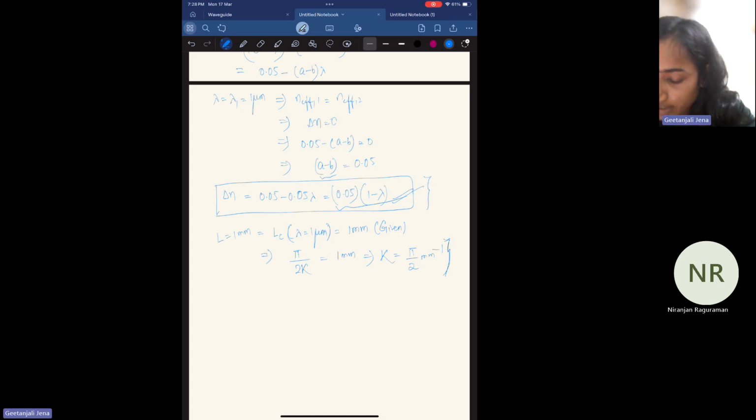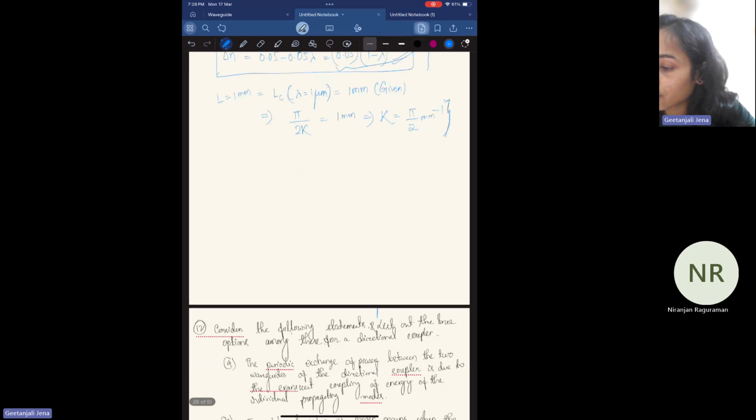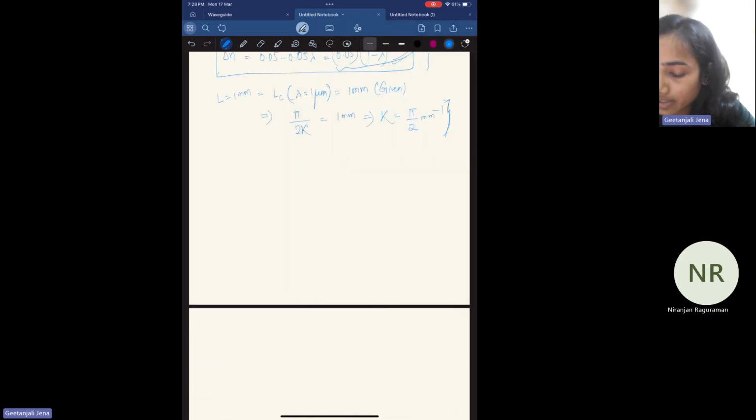So we need to find out what is lambda 1 plus or minus delta lambda. If you recall, let us see the graph first, the graph for multiplexing and demultiplexing. It's already there in the lecture.